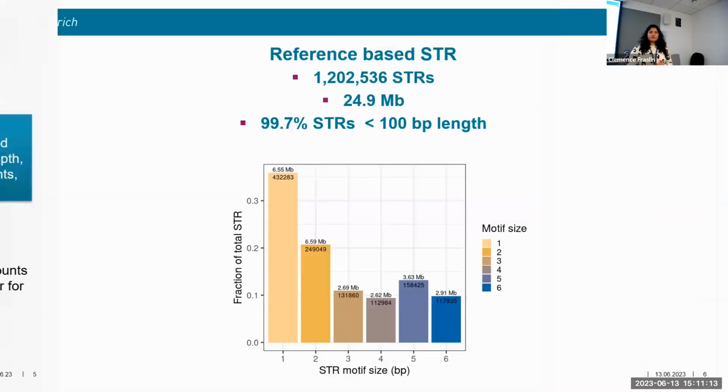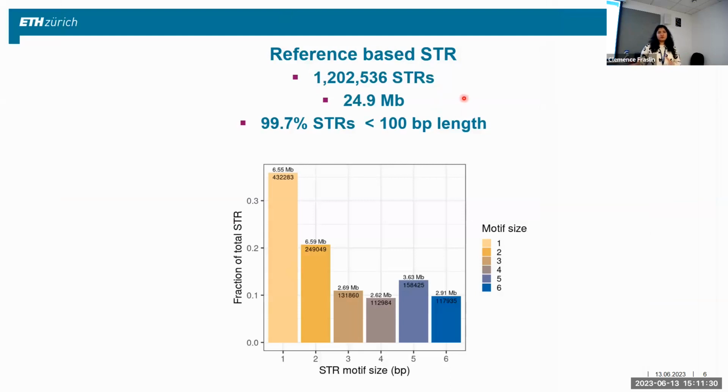So what do we get first? When we ran the Tandem Repeats Finder on the reference genome, we identified almost 1.2 million short tandem repeats, varying from 1 to 6 base pair, and that encompassed a total of 24.9 MB of autosomal sequence.